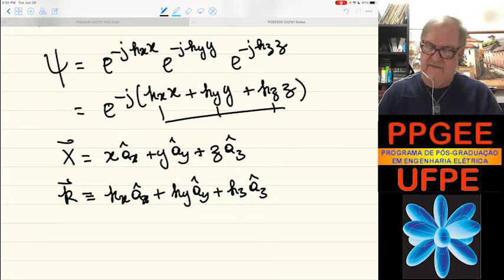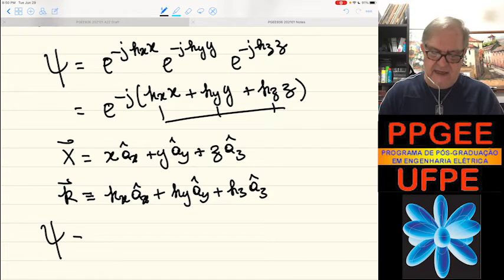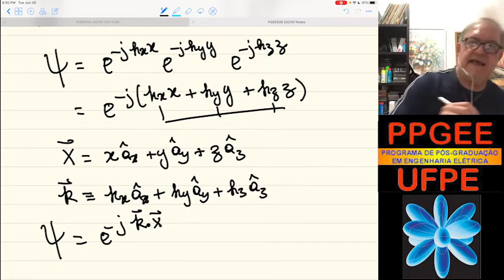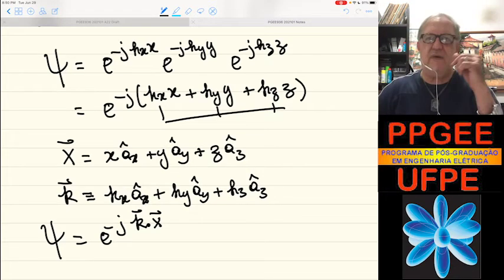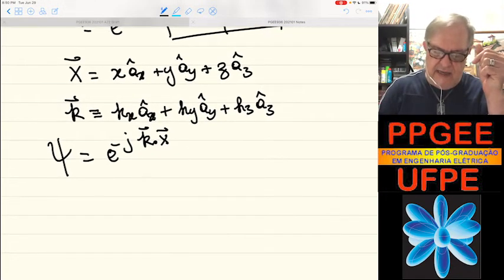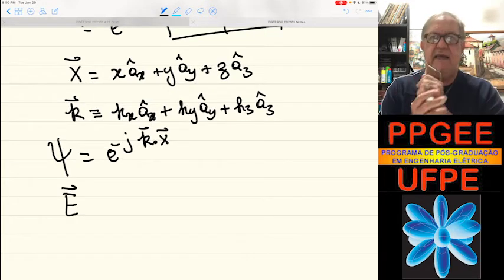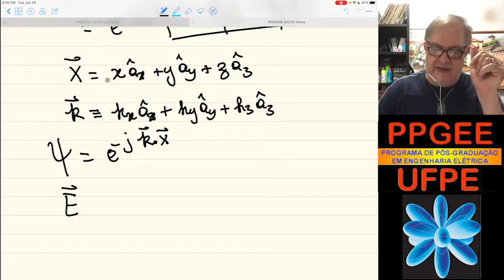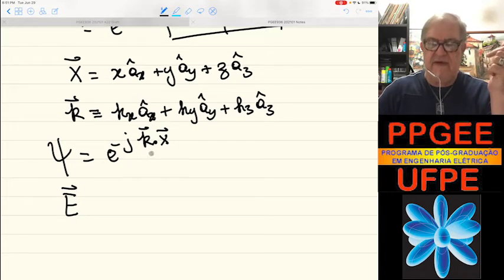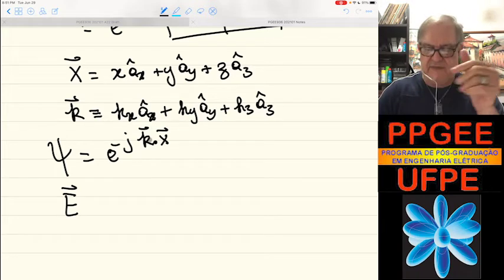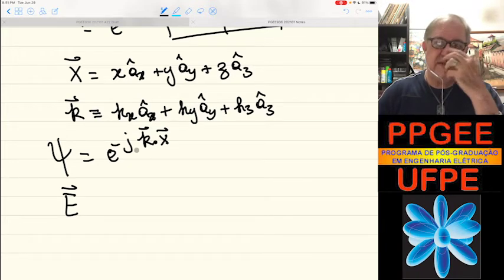So here we have psi, which can be written as exponential of minus j wave vector k dot x. That's what one component would look like. So E or H, let's say E, is going to be a vector combination with an amplitude constant times this function in the x direction plus another constant times this function in the y direction, and so on.